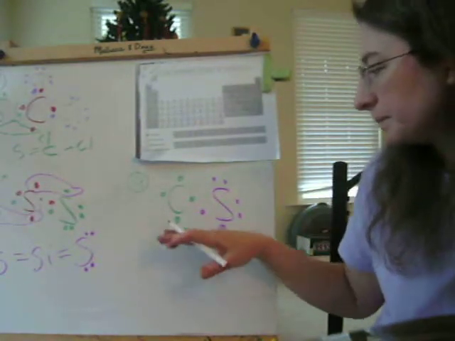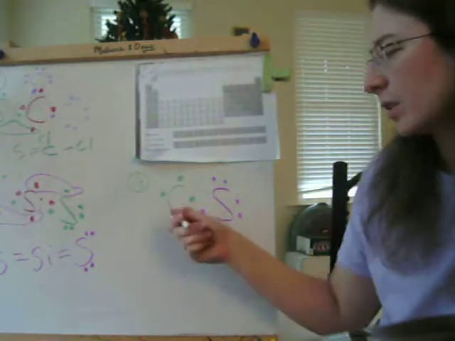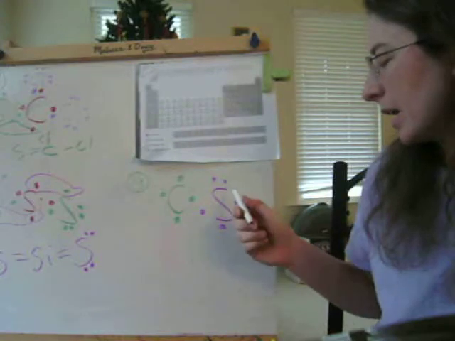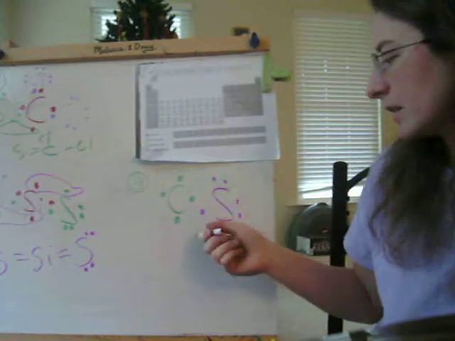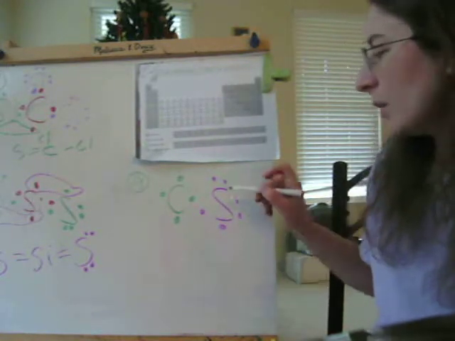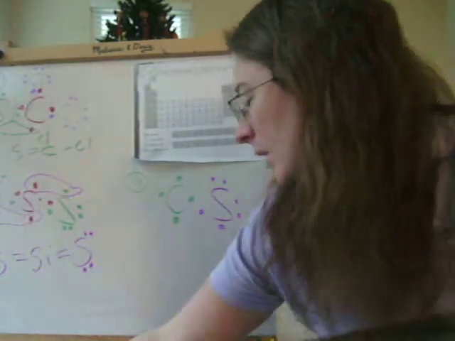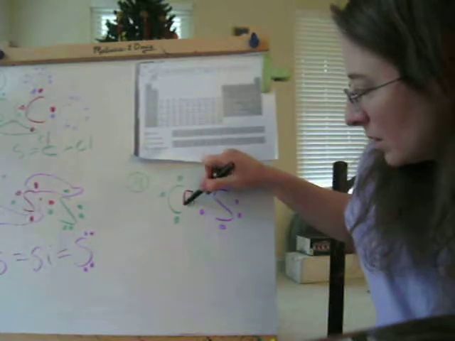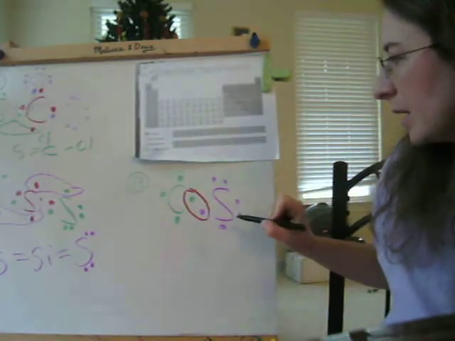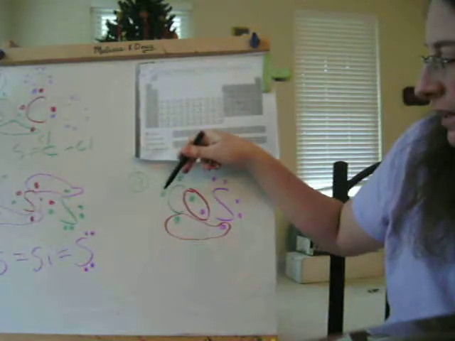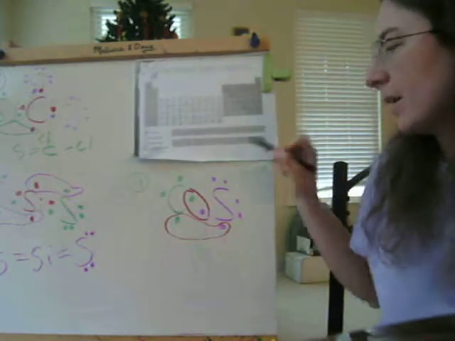Number 9, carbon bonding to sulfur. Carbon's got 4 in its valence, and sulfur has 6 in its valence. So you can see, where's my red pen? You can see these 2 will bond, right? And then these 2 will bond, but then you still have this and this unshared pair in the carbon.